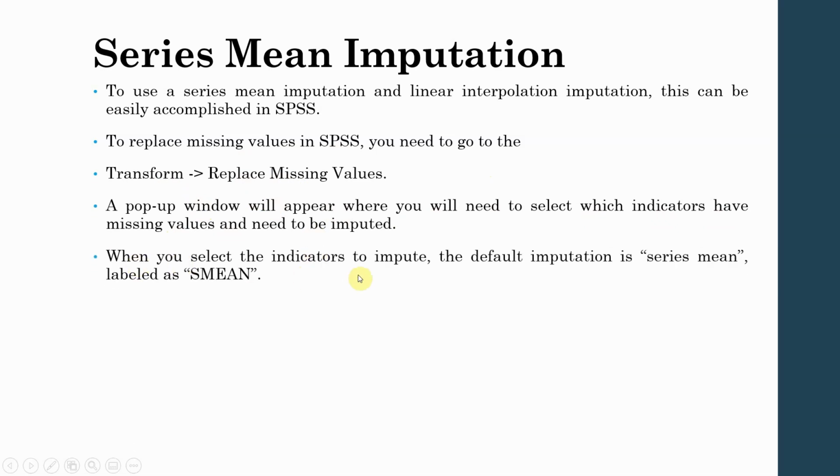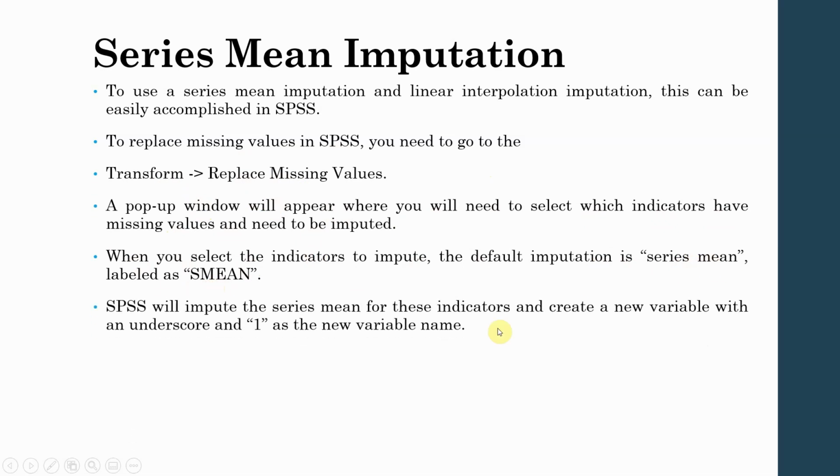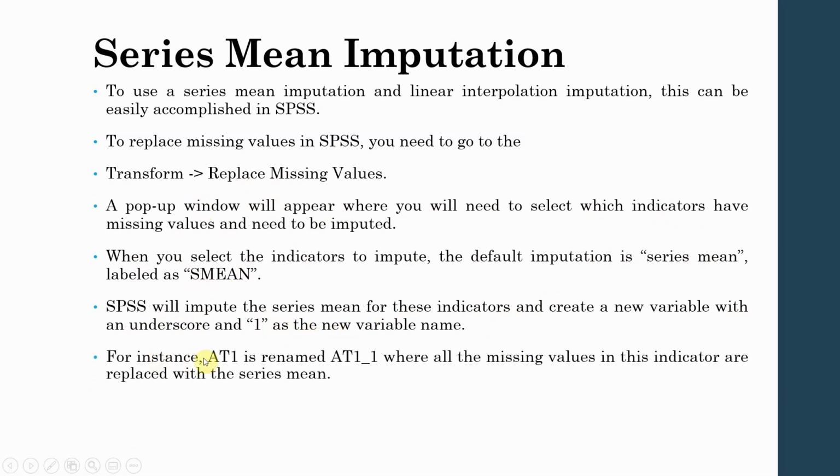When you select the indicators to impute, the default imputation is series mean, labeled as SMEAN. SPSS will impute the series mean for these indicators and create a new variable with an underscore and 1 as the new variable name. For example, 81 will be renamed as 81_1.